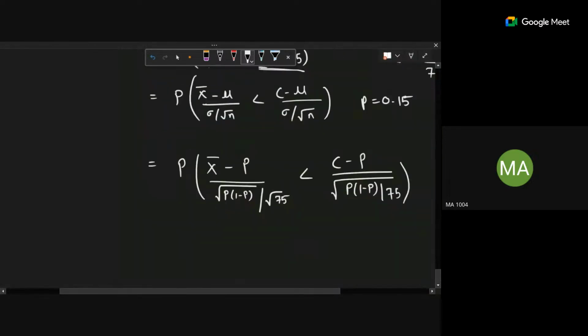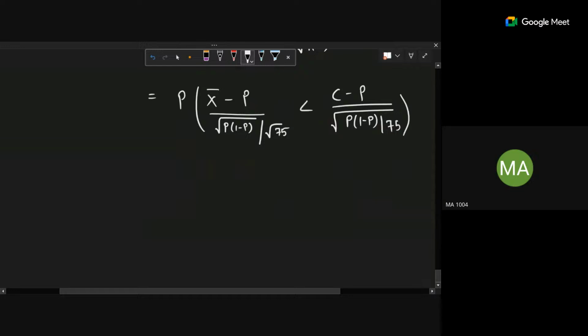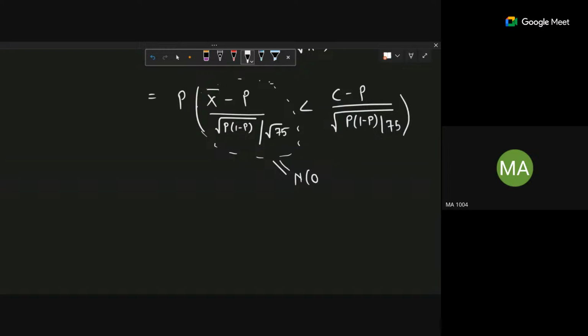Okay, so how that null is going to be used here is in terms of this p, and there is no need to put these values here because we know that this is going to follow a normal distribution with mean 0 and variance 1. Do you understand why we did all this?